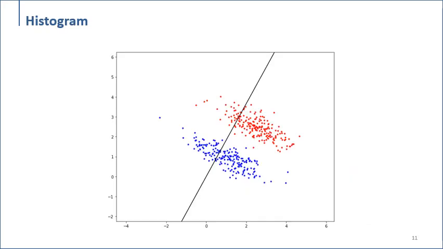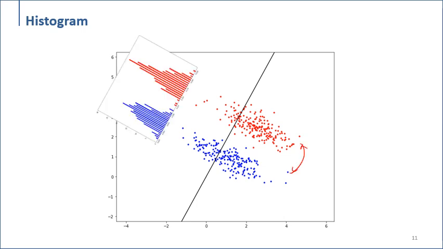So let's see some histograms. This scatter plot is our original data, and when you project these data onto the omega that we found in the last slide, we can see that the two histograms are maximally separated like this. So we can clearly see the two classes C0 and C1.